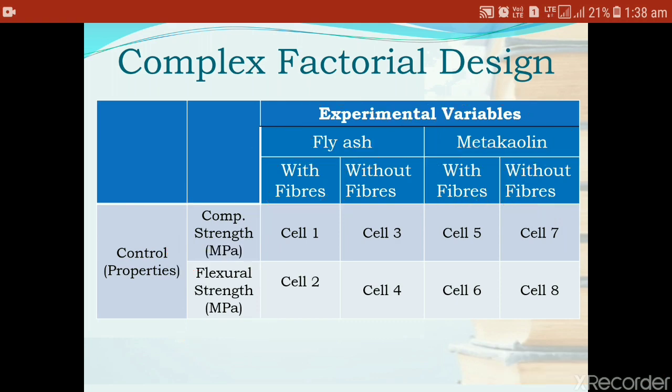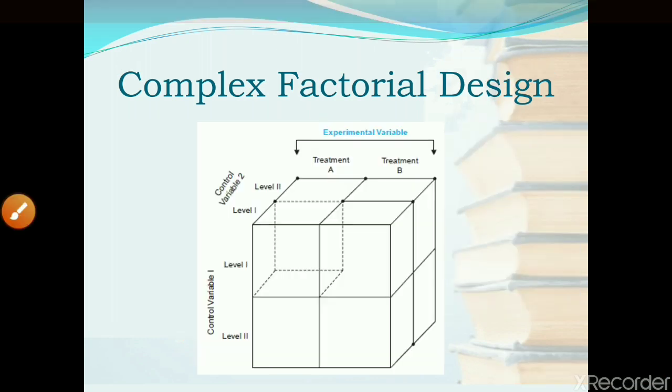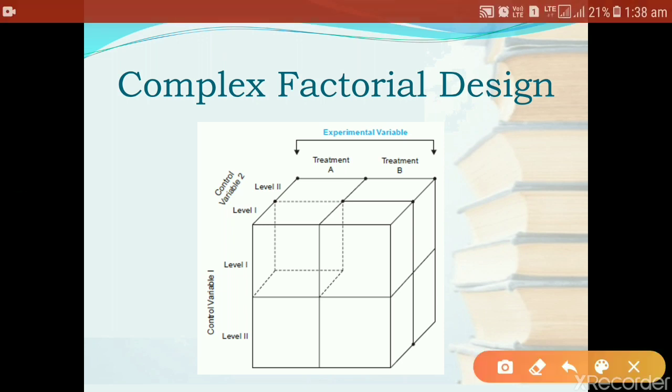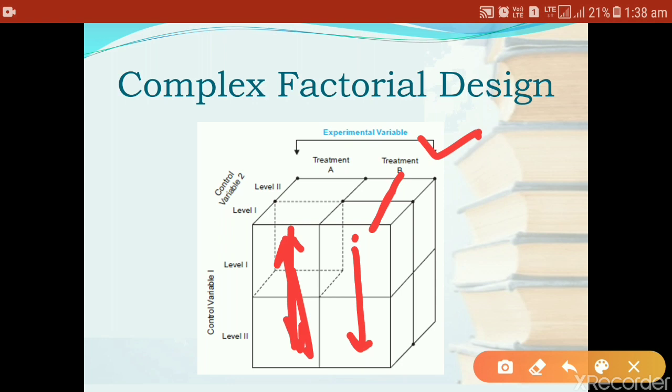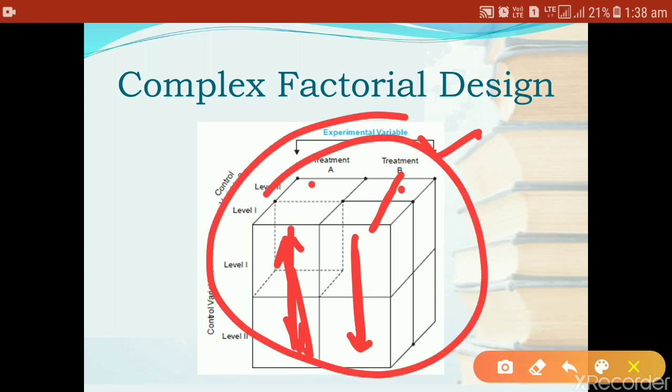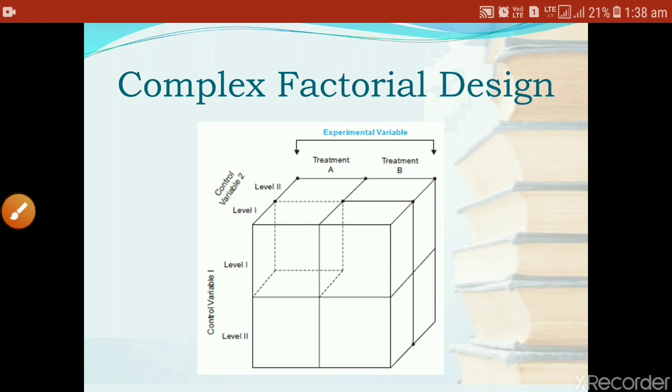So in this way, I will have treatment. Then each treatment, here you will see that each treatment, it is having 2 levels. Okay. And similarly, the treatment B, it is also having these 2 levels. Second is, for each treatment or each level, we want to know these 2 properties. So 2 properties for one, 2 for other, 2 for other, 2 for other. We will have 8 cells. So this is a complex factorial design.